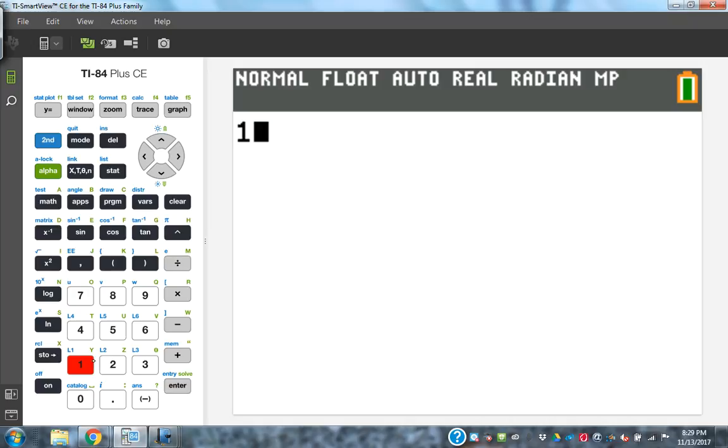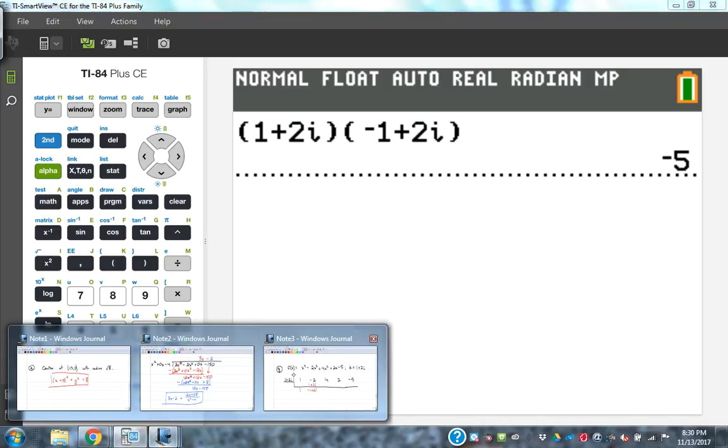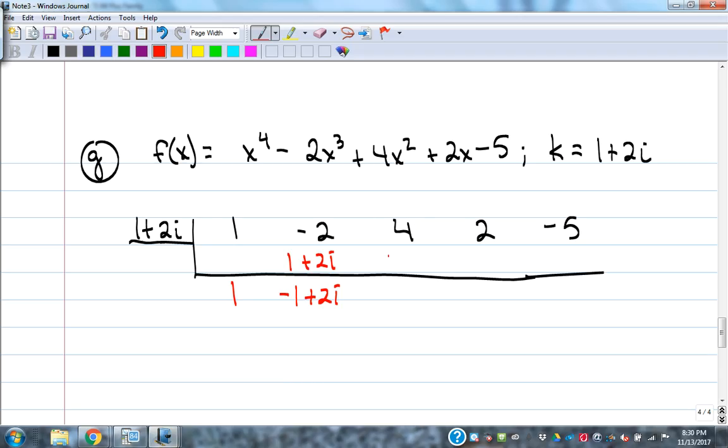It can say 1 plus 2i times negative 1 plus 2i, and it can simplify it much quicker than you can. I'm not saying you can't do that with your brain. I'm just saying it makes it a little faster. That turns into negative 5.